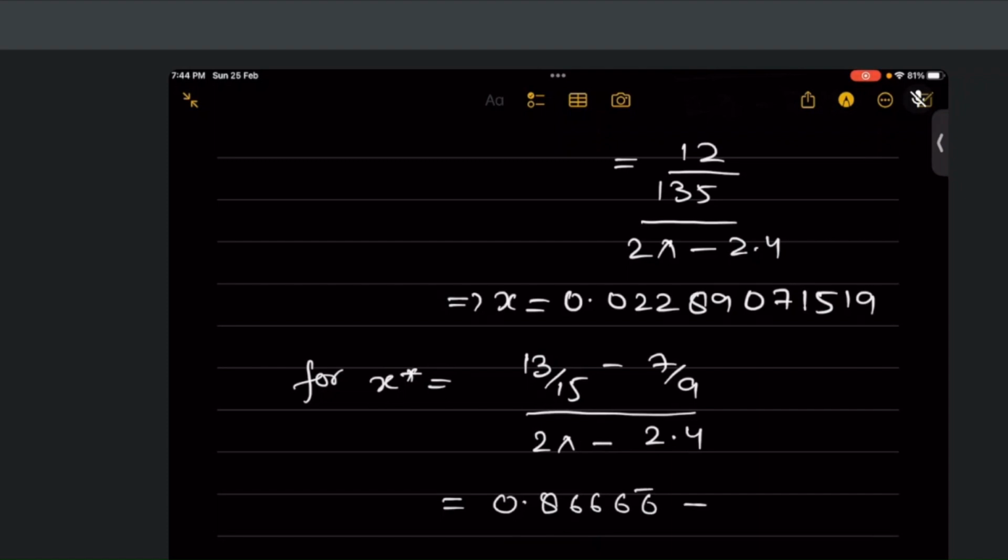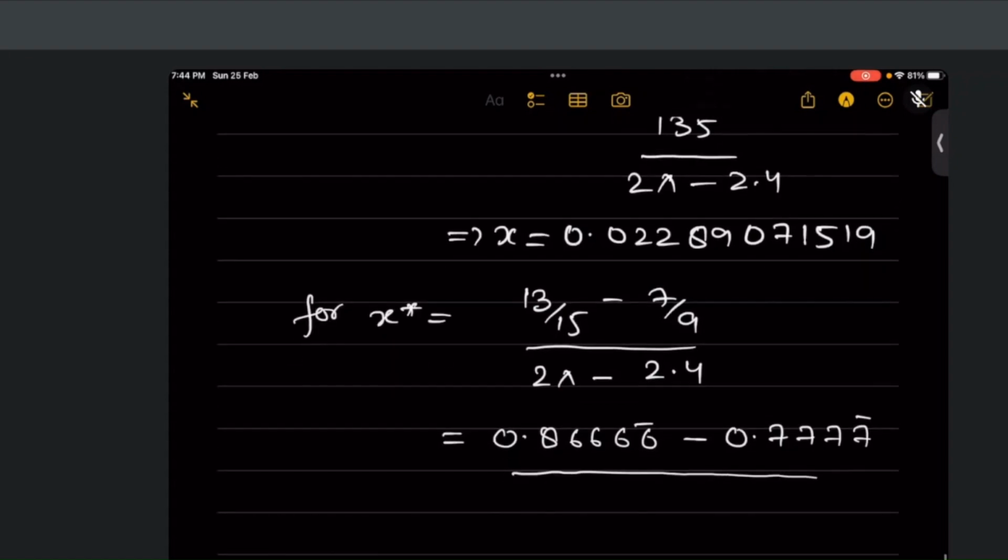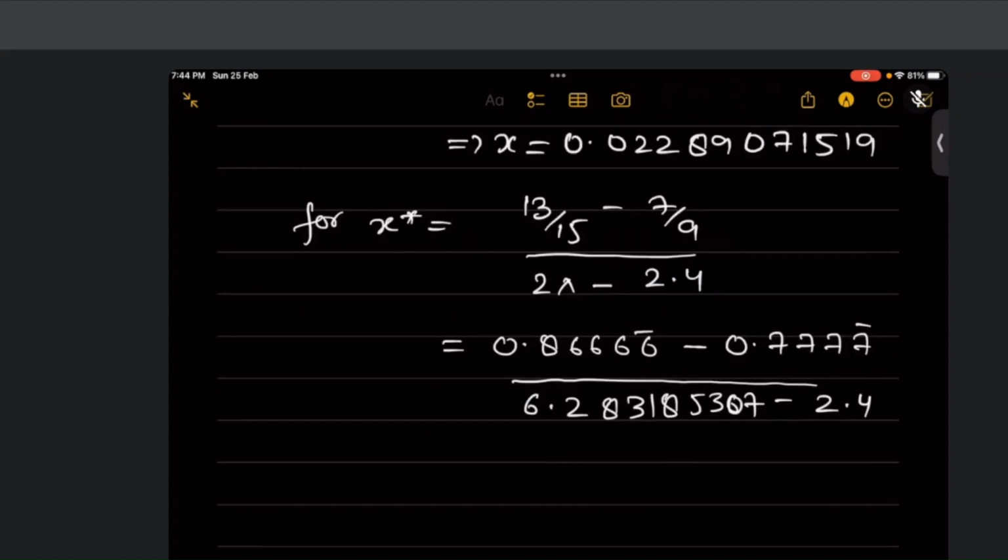What is the value of 7 by 9? 0.7777 bar, right? And similarly, 2 pi will be 6.28318 5307, and minus 2.4. Correct?